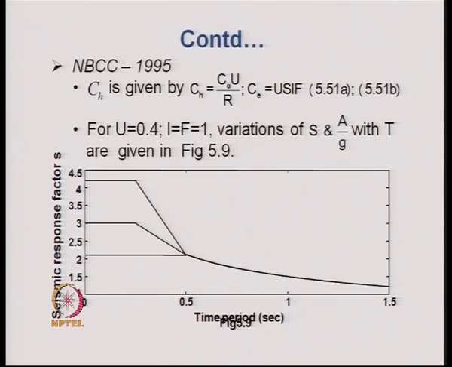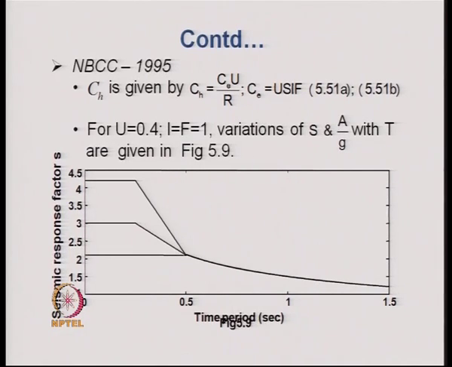The first figure, that is figure 5.9, shows the seismic response factor S versus time period T, and in the next figure we will show the variation of A by G with T. We can see that the seismic response factor has a branching in the initial stage. There are 3 branches.